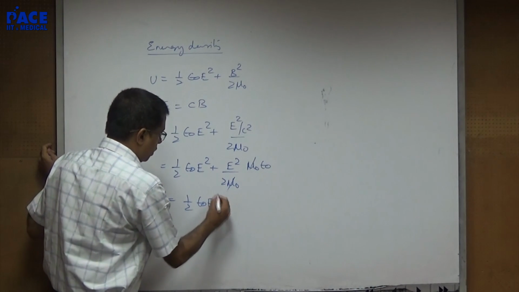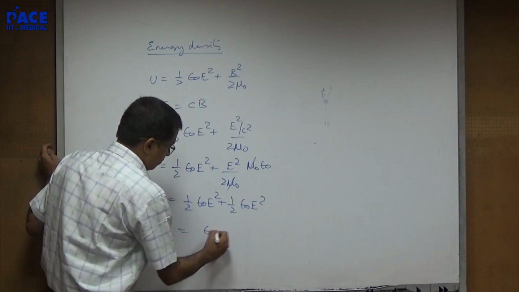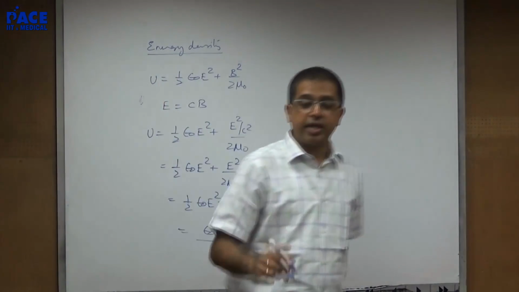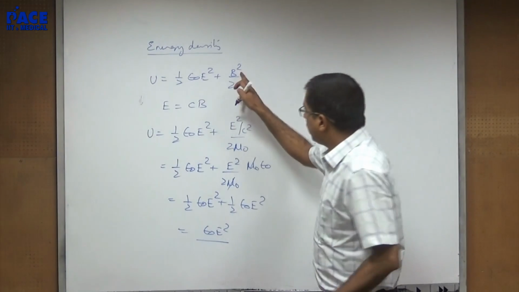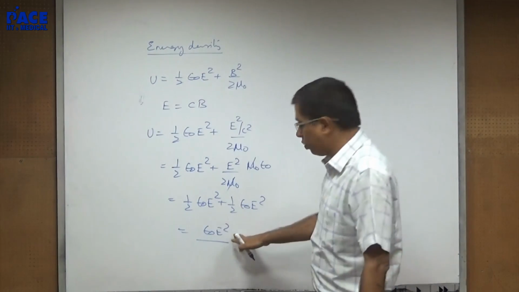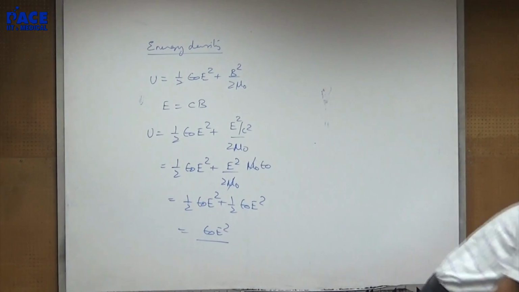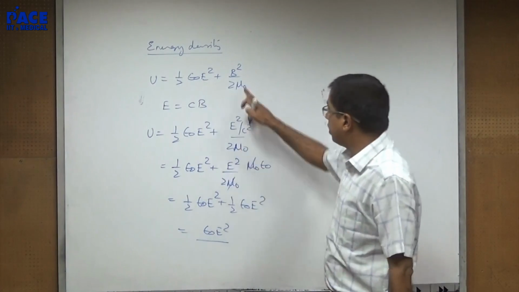So half epsilon naught E square plus half epsilon naught E square. Epsilon naught E square is the energy density of an electromagnetic wave. You converted the magnetic field into the electric field, so you got it this way.